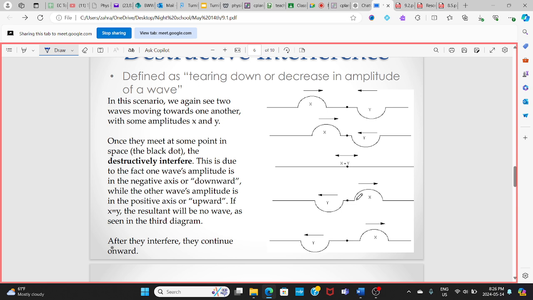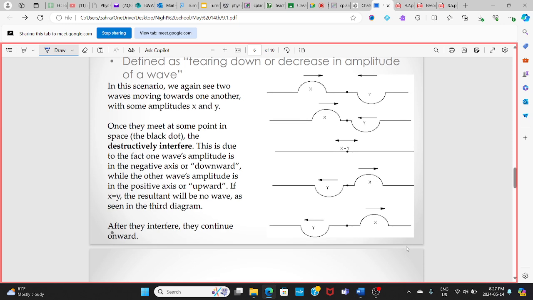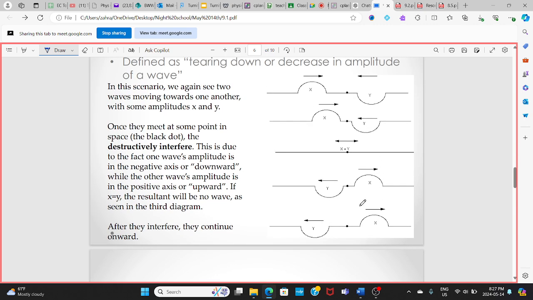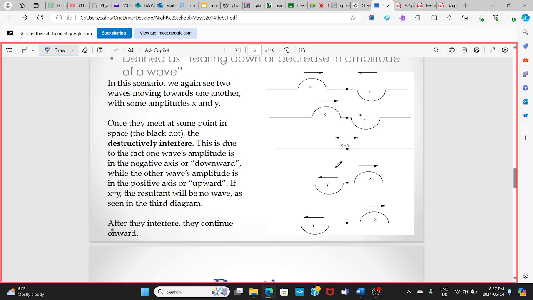After they interfere, wave X continues moving to the right and wave Y continues moving to the left. They come together, they cancel, and they move away again from each other. So we call it destructive interference because they cancel each other.